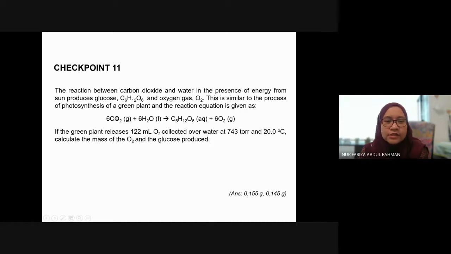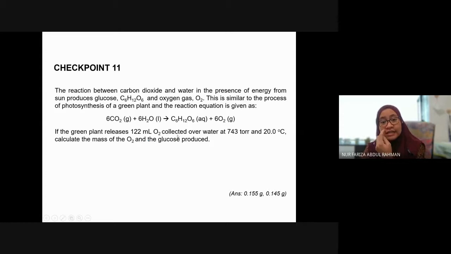This is the equation for the statement mentioned up here. The question is, if the green plant releases 122 mL of oxygen collected over water at 743 torr and 20 degrees Celsius, calculate the mass of the oxygen and the glucose produced.